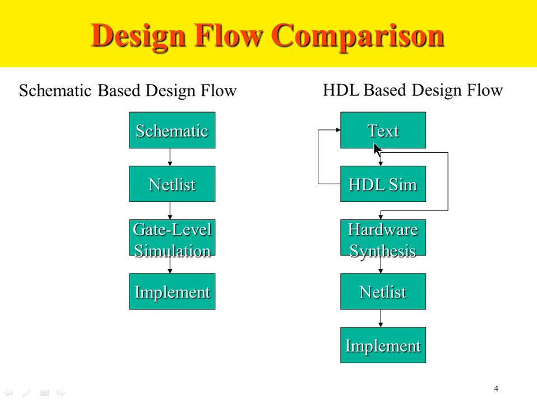Compare that to an HDL based design flow on the right hand side. This text here is a Verilog design, the HDL in Verilog format. Then we perform an HDL level simulation where we write a test bench in Verilog. We simulate the design, generate a timing diagram or simulation results, and analyze the results. If those results are correct, we go forward.